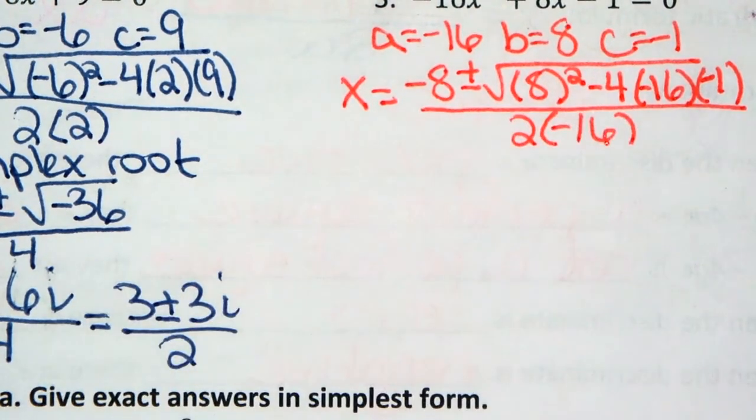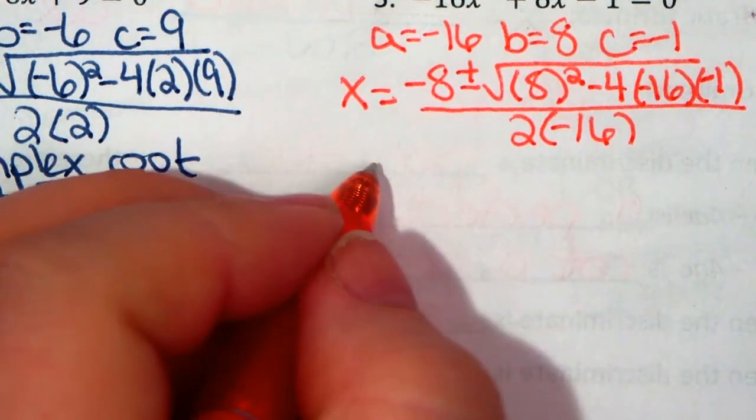So we'll type in our discriminant, the 8 squared minus 4 times negative 16 times negative 1 into our calculator. And when we do, we get 0.